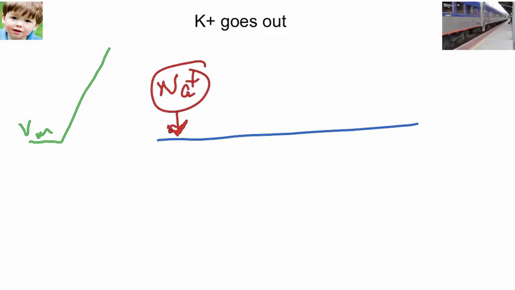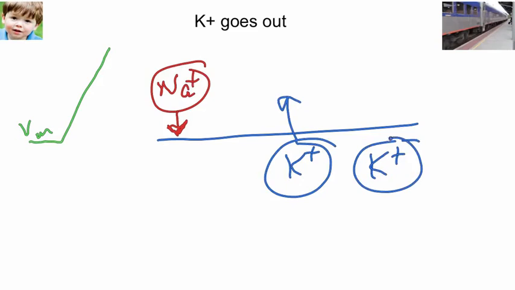But on the other hand, it increases its conductivity to potassium. Potassium starts going out. As potassium goes out, it leaves the interior more negative. And what happens but the action potential comes back down again. So this is the potassium current flow.